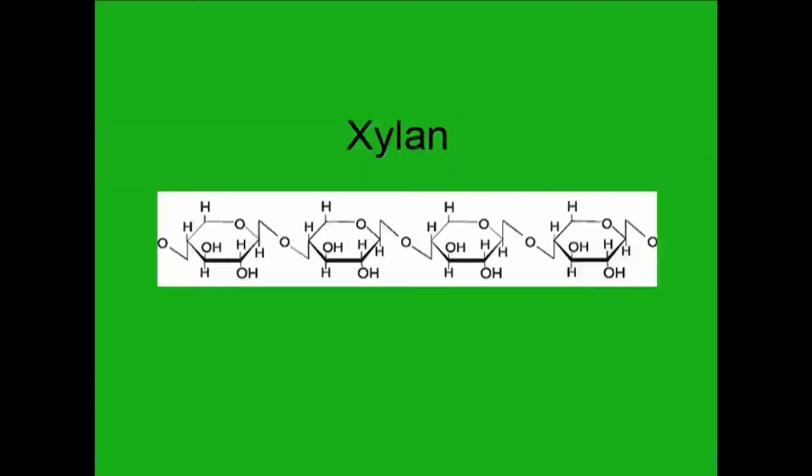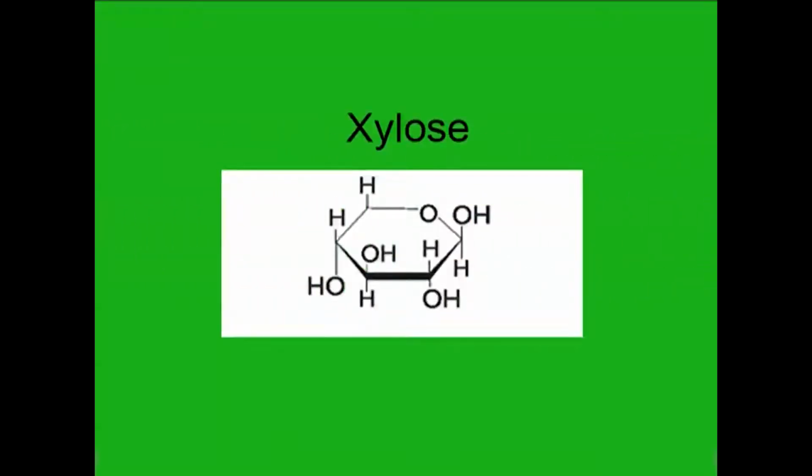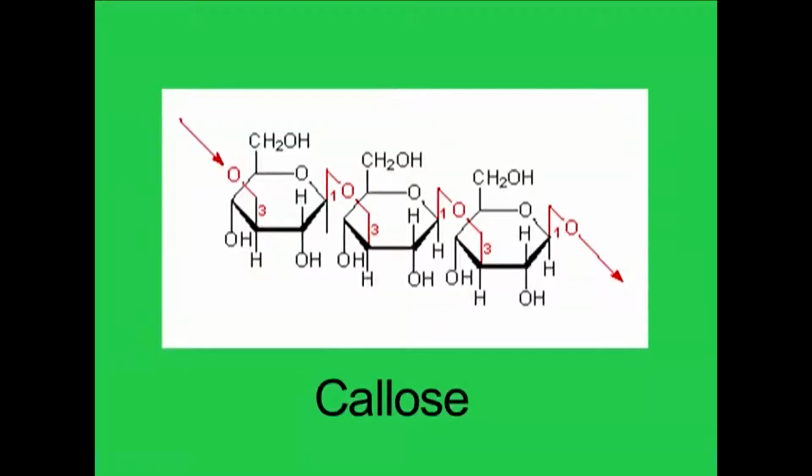So xylan is a xylose-containing polysaccharide, and the bond is beta 1,3. Other examples are callose. Callose is also found in new green plants, and it is a glucan. The monosaccharide which comprises callose is glucose, and the beta 1,3 linkage is there.